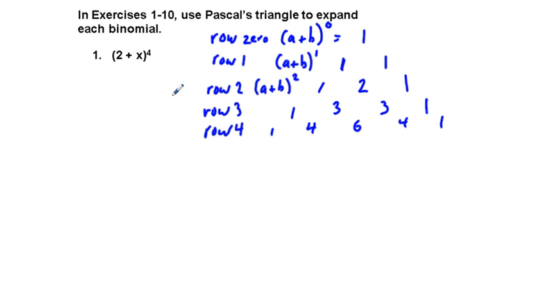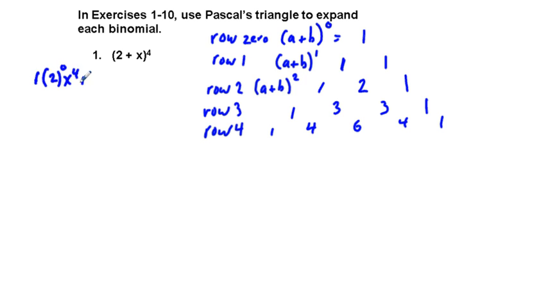And so now we have the wherewithal to figure this out with Pascal's triangle, and I'm going to just continue here on the left. What we're going to have, our first term is 1 times 2 to the 0 power times x to the 4th power.